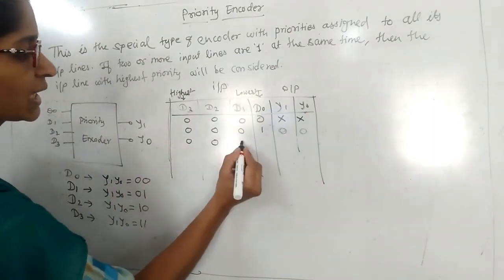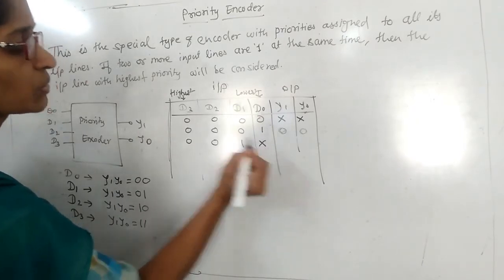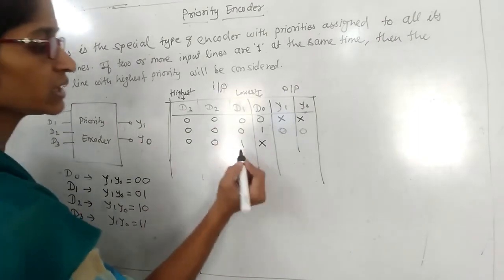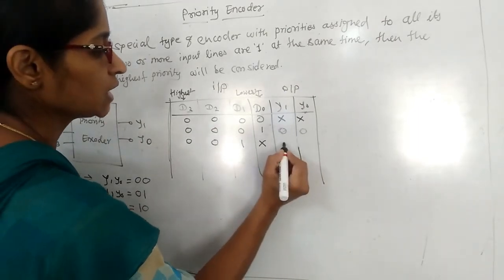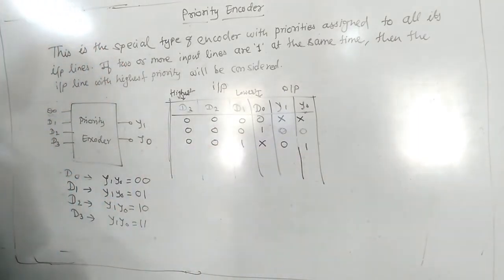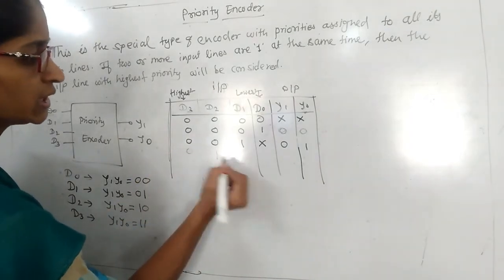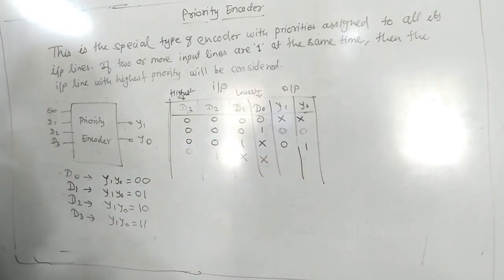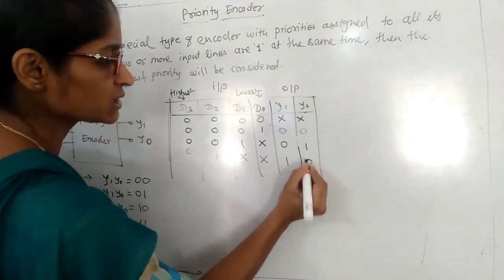Now if we select the input D1, D0 is don't care. Whatever the status of D0, 0 or 1, it will not be displayed on the output; only D1 is considered and the output will show 0, 1. If we select D2, then D1 and D0 can have any status, but only D2 is displayed on the output, and that is 1, 0.